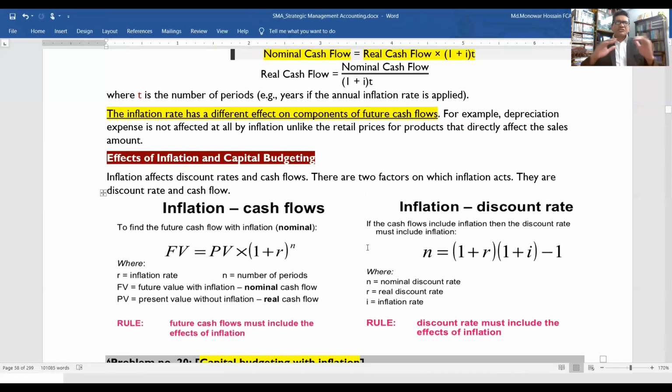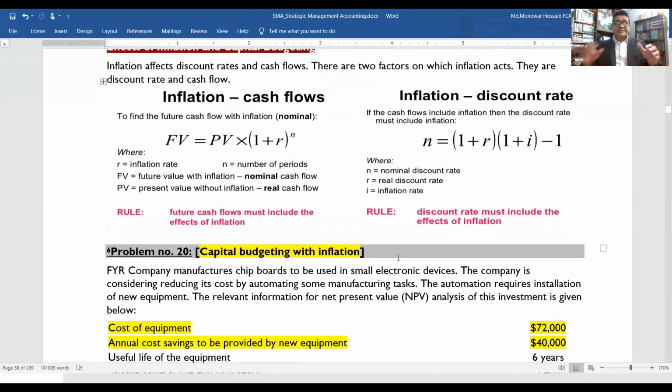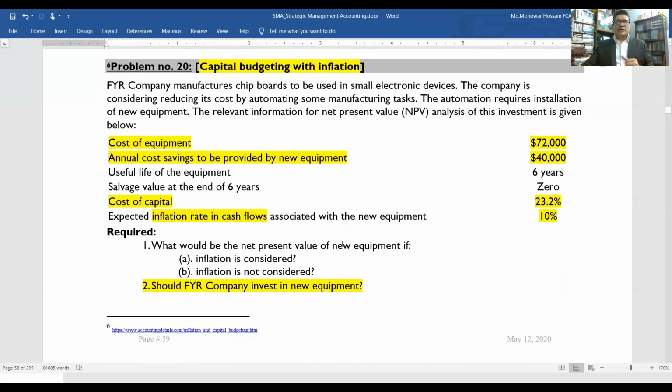So the effect of the discount rate and the effect of inflation on future cash flow in capital budgeting mean the rule is that future cash flows must include the effect of inflation. And for the inflation discount rate, the rule is that the discount rate must include the effect of inflation. So we have solved this problem, capital budgeting with inflation.